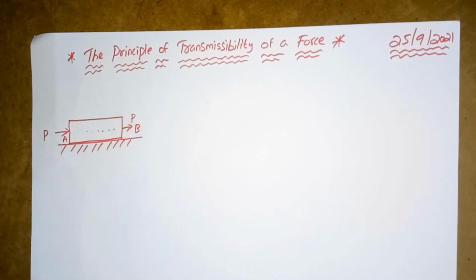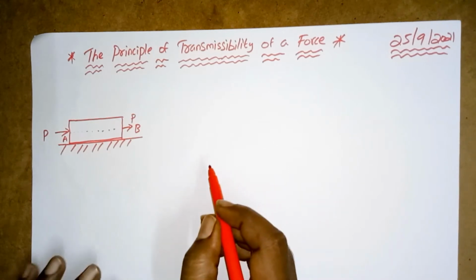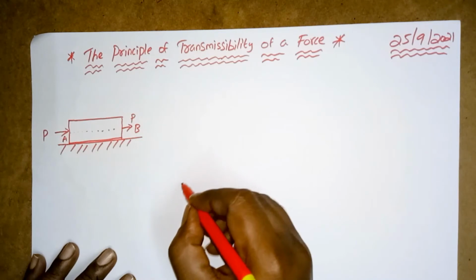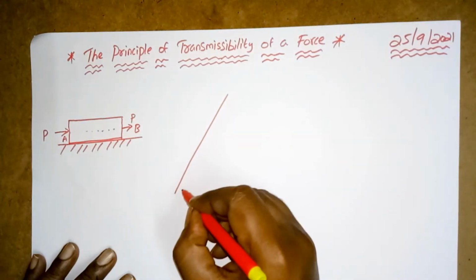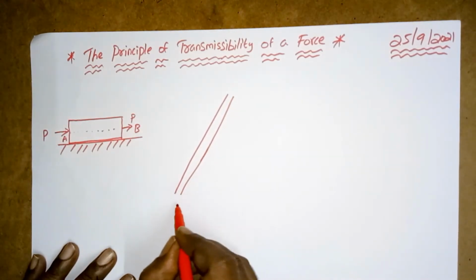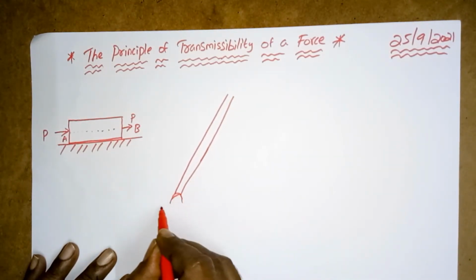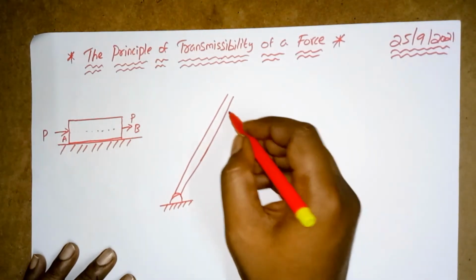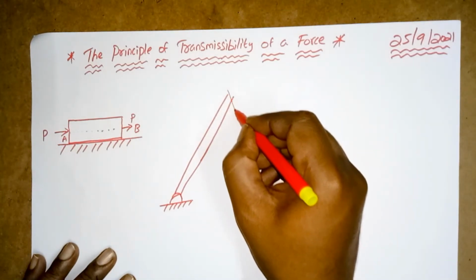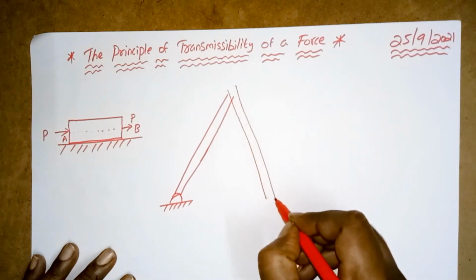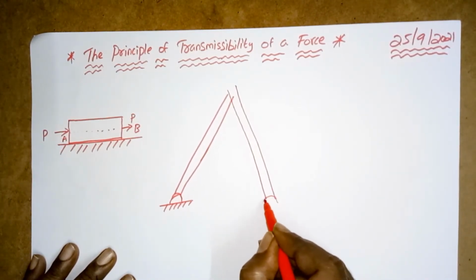Next, we will take a system of two bars. Here I will draw this one bar, which is fixed, and we are taking one more bar, which is also fixed.